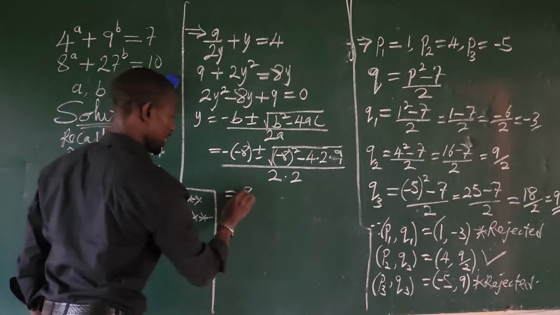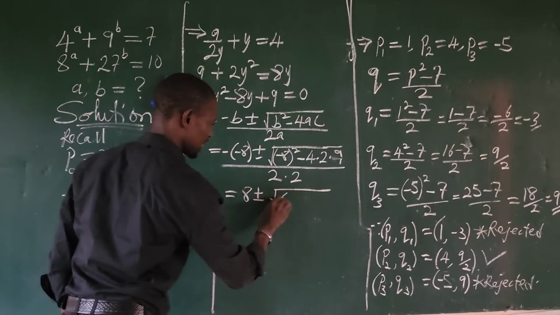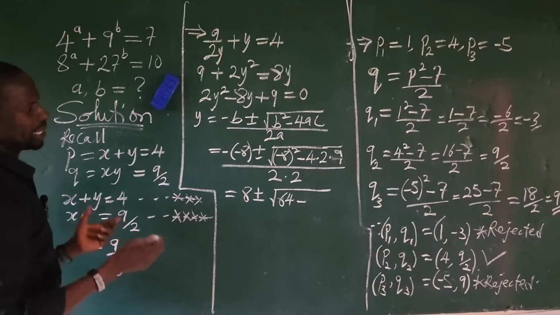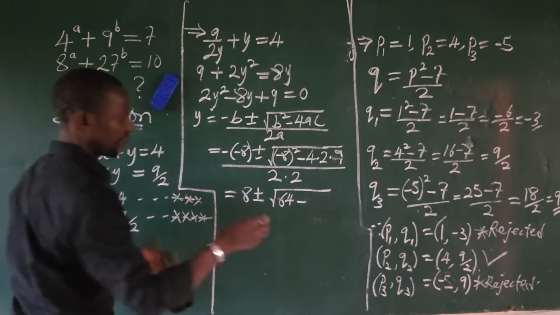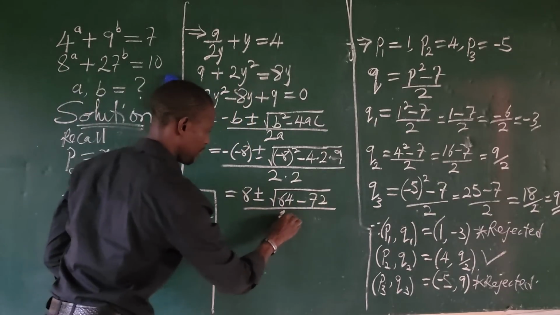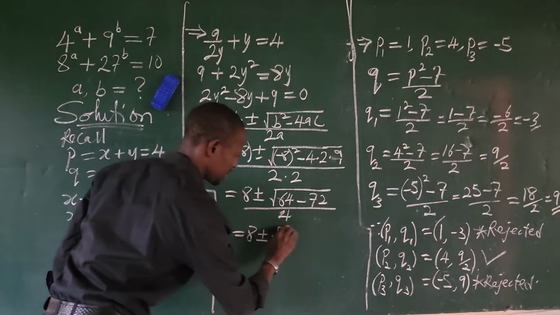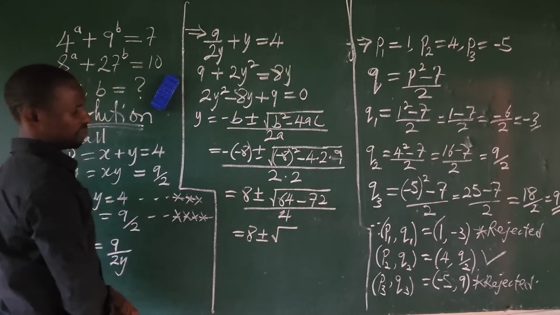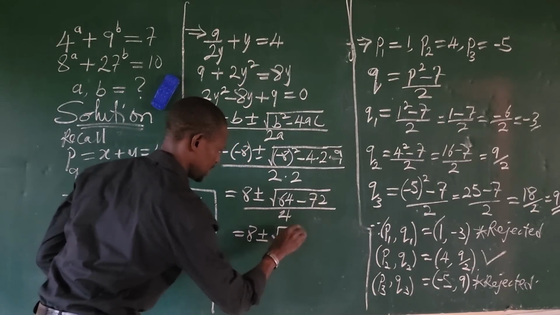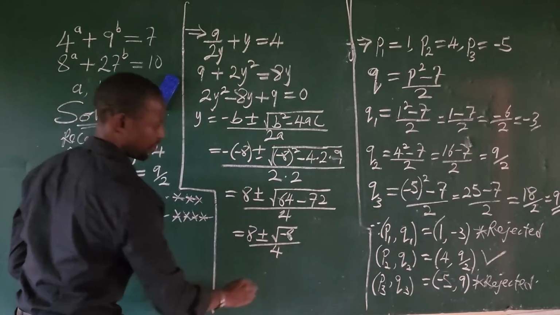So this will now give us 8 plus or minus the square root of 64 minus 4 times 2, which is 8, 8 times 9 gives us 72, all over 4. If we simplify that, we have 8 plus or minus the square root of 64 minus 72, which gives us minus 8, all over 4.